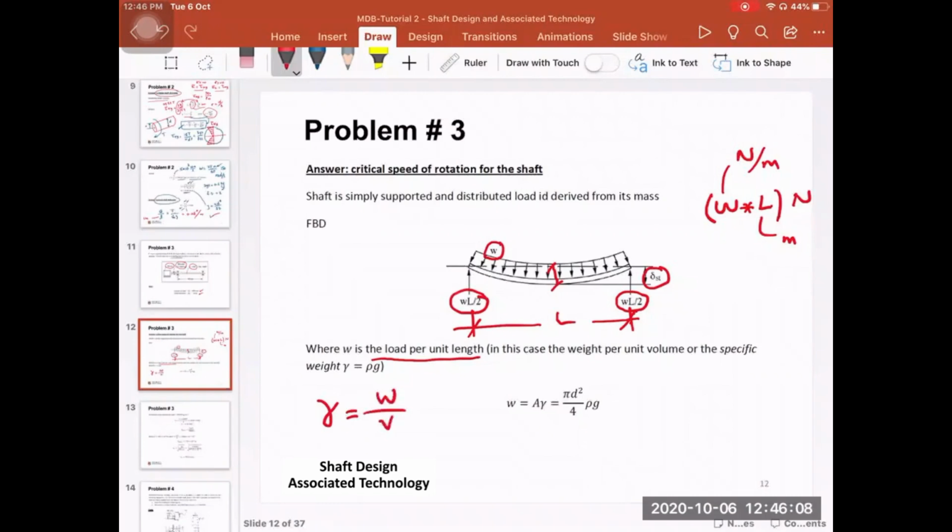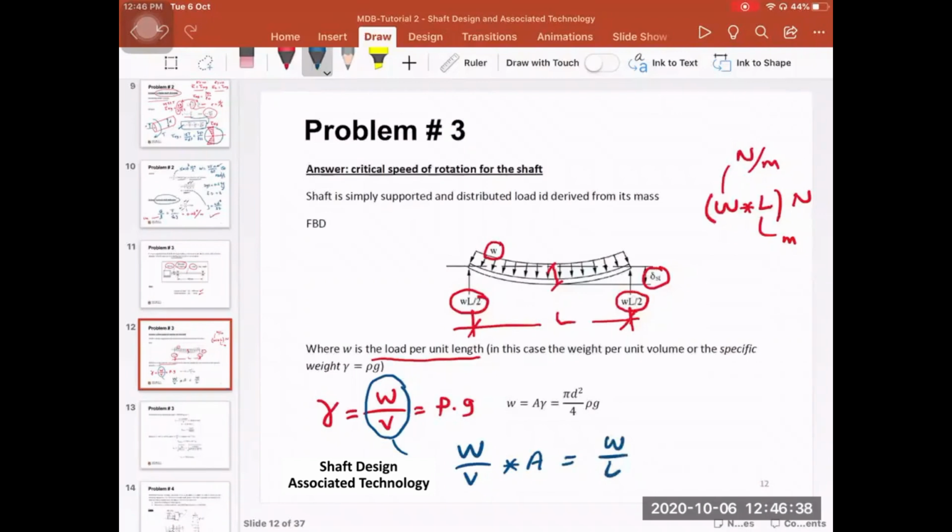Or it is the rho times G. So it is the density of the material multiplied by the gravitational acceleration. This is the definition of the specific weight. So if we multiply this weight per unit volume by the cross-sectional area, this is going to give us the weight per unit length.